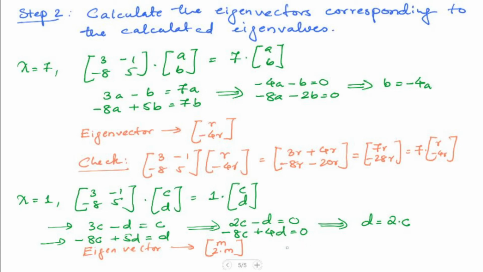And again, you could check it here using the matrix A, that's 3, minus 1, minus 8, 5, times M and 2 times M, and that would give you the eigenvalue 1 times M and 2M. So you could check this yourself. And now let's go ahead and do our third step.